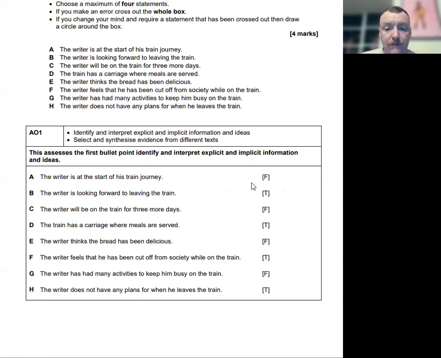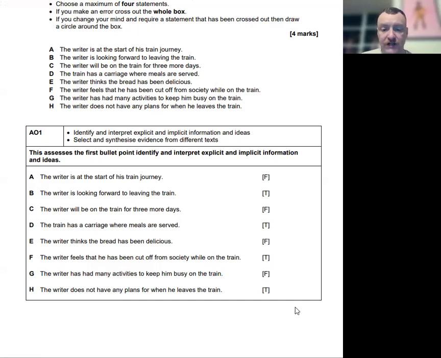So here you can see that a student has selected B, D, F, and H. They found 4 examples of information which are true, linking to AO1, which is identify and interpret explicit and implicit information and ideas. So similar to question 1 in paper 1, the examiners are asking us to identify what's obvious, maybe what's less obvious, okay? But in a way, it's slightly easier, this question, because you've got the statements there.